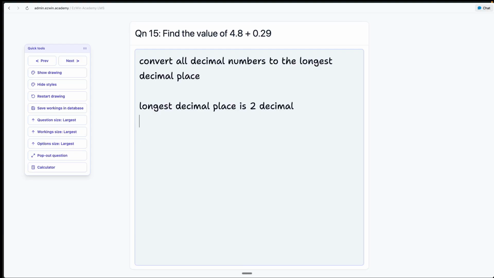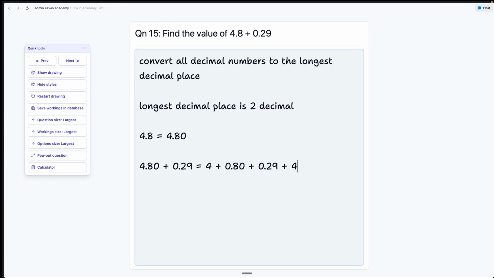So that means 4.8 is equal to 4.80. So with that said, we have 4.80 plus 0.29. That means it's essentially the same as 4 plus 0.80 plus 0.29. So we can just add 0.80 plus 0.29 first.